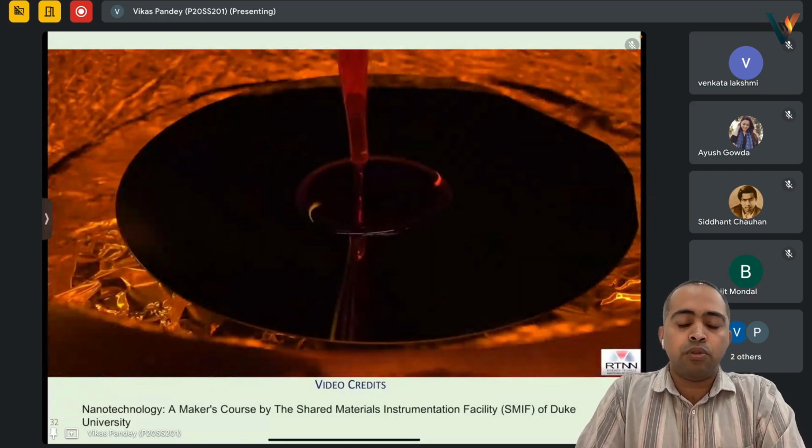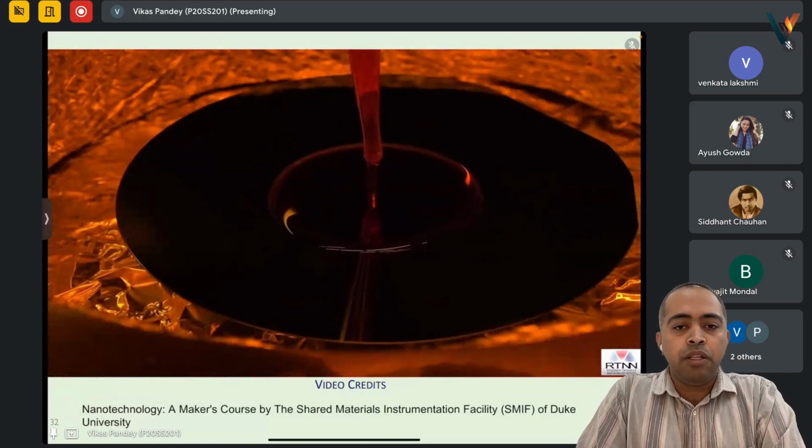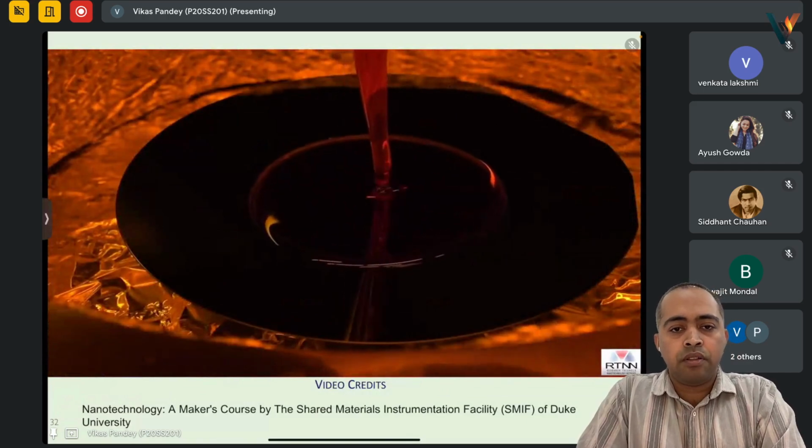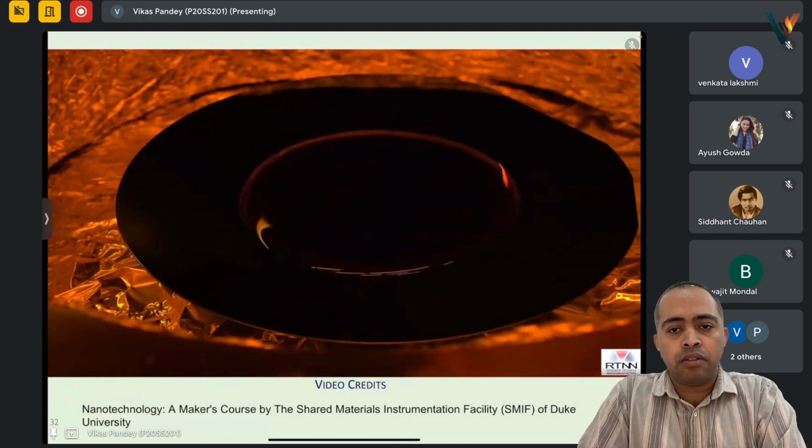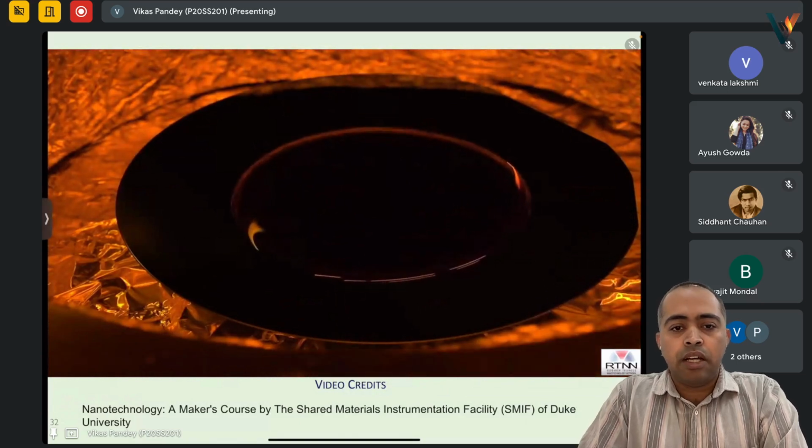This port, and then it will be run at a very high speed that will coat it.